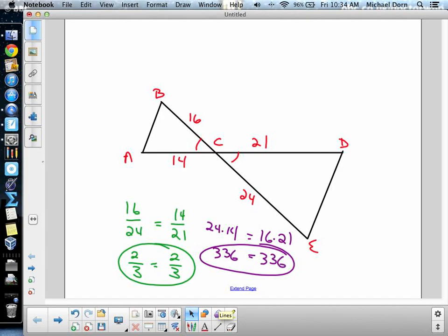Just like when I write it out, side angle side similarity, the angle is between the sides, isn't it? When I write it, the angle is between the sides. When I draw it, the angle is between the sides. It has to be consistent. So that's how we do side angle side similarity.